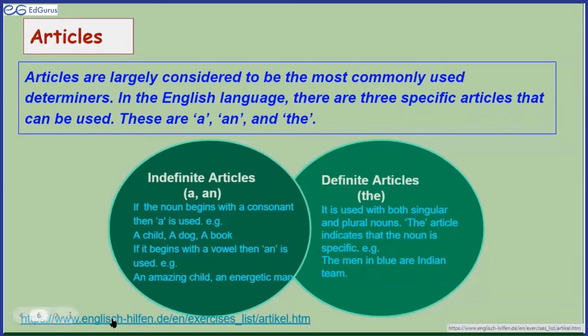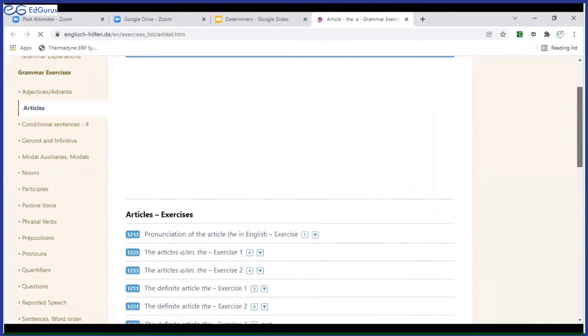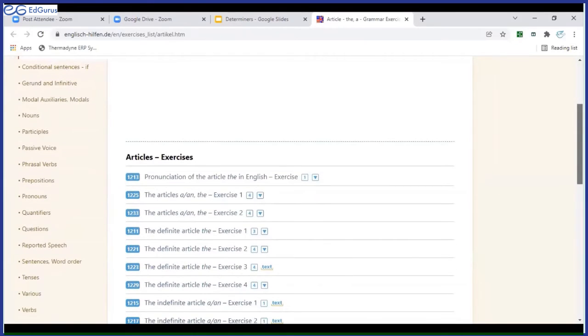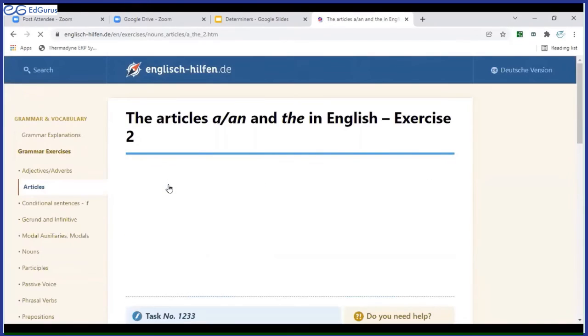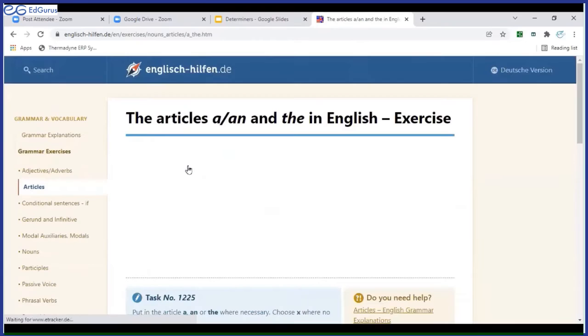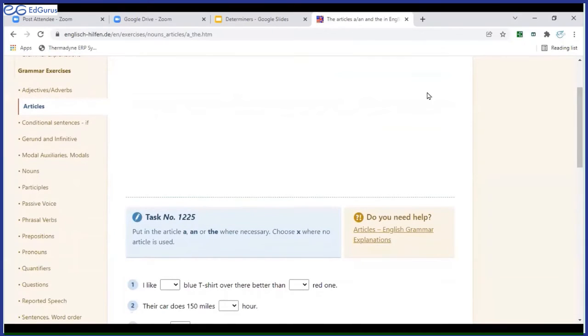Okay. Now we have some exercise for you. Here it is. On this link, there are a number of exercises. You must see them and attempt them for practice. Let me take the first exercise.